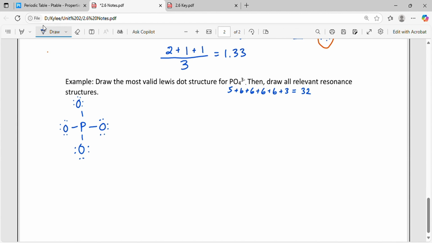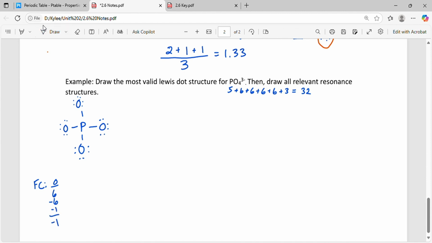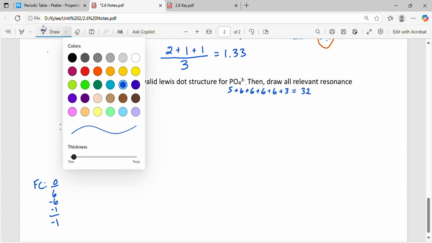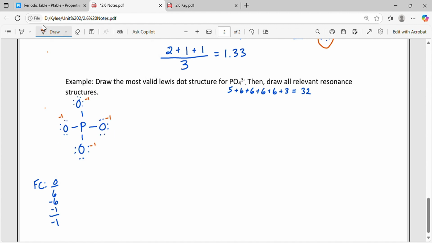And if I was to do our formal charge, so I'm just going to come down to the bottom and do formal charge. I have 6 valence minus 6 lone pair electrons minus 1 bond. Each of the oxygens are going to have -1s. So I'm just going to include those -1s, -1, -1, -1.